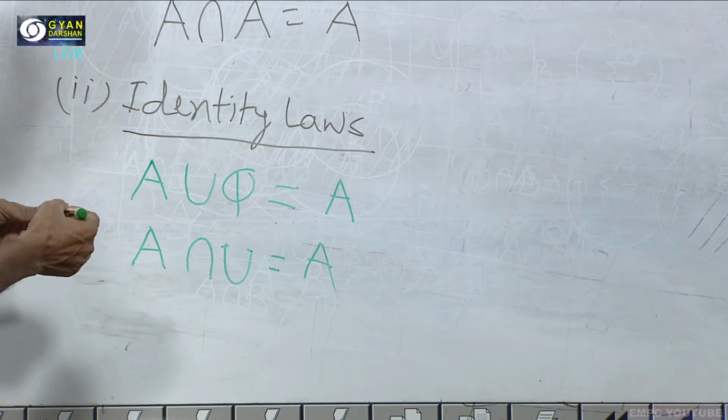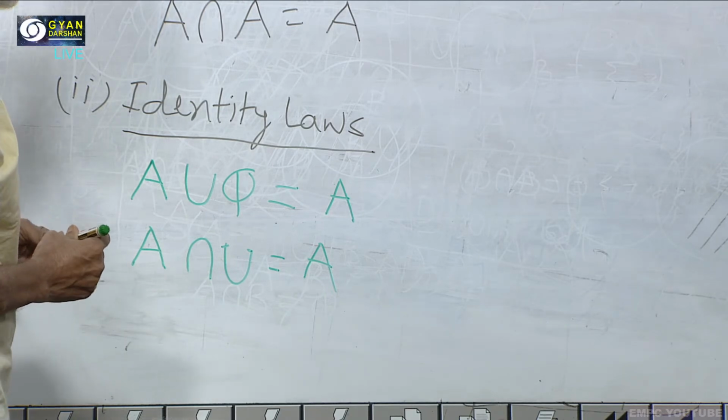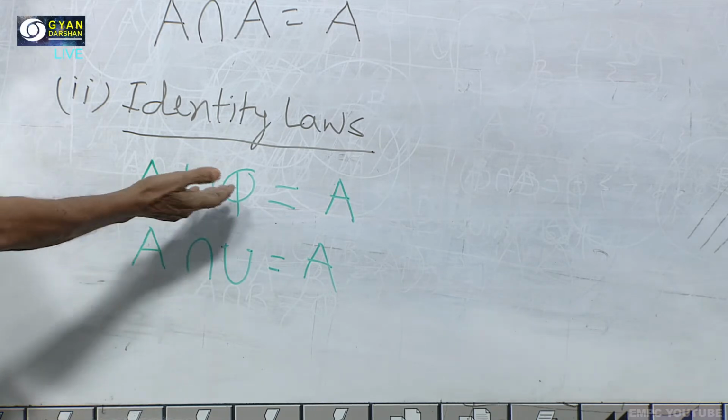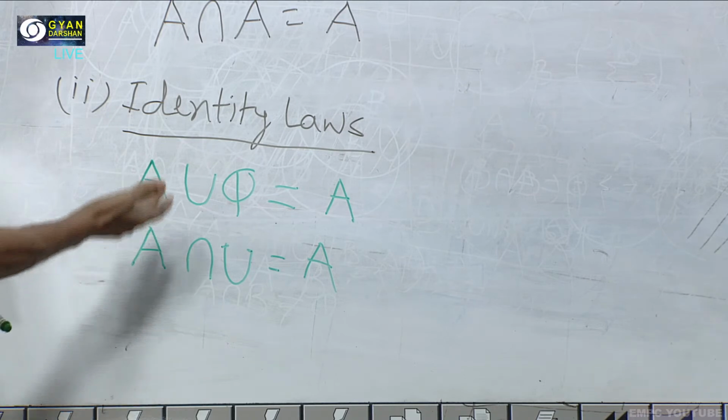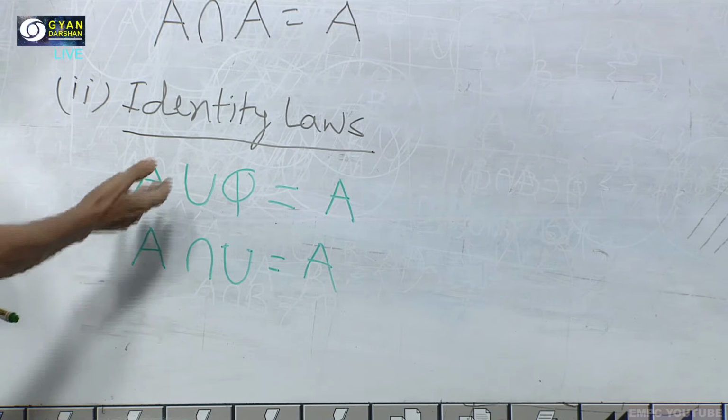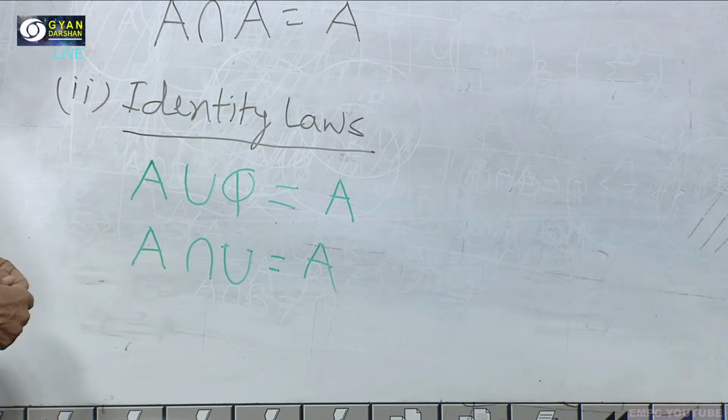It may seem strange to you, but these are important laws of mathematics. If you remember in arithmetic or algebra, phi is similar to a plus 0 is equal to a. Union is similar to plus, not exactly equal, but you can give it as a simile.